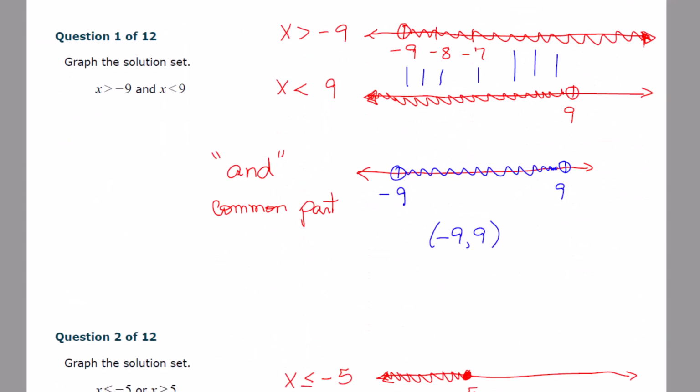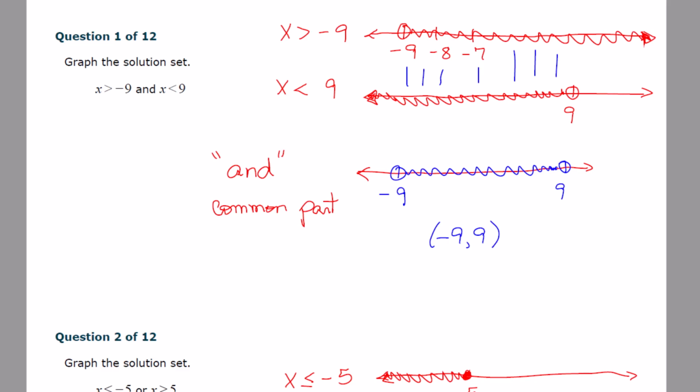So in question 1, they say graph all the x's that are bigger than minus 9. Okay, no equal, so I've got an open dot. Bigger than minus 9 goes to the right forever. What about this? x smaller than 9. Okay, here's 9 and everything smaller.